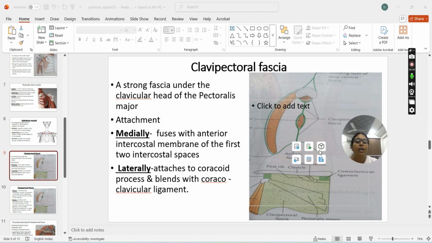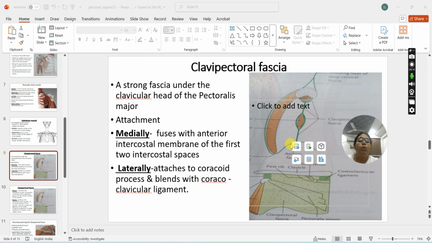The deep fascia of the axilla or armpit is called the axillary fascia. When you abduct your arm to 90 degrees, just raise your arm up to 90 degrees, you can see the armpit takes a hollow shape, isn't it? It's like a concavity. So this concavity is maintained by the pull of the clavipectoral fascia.